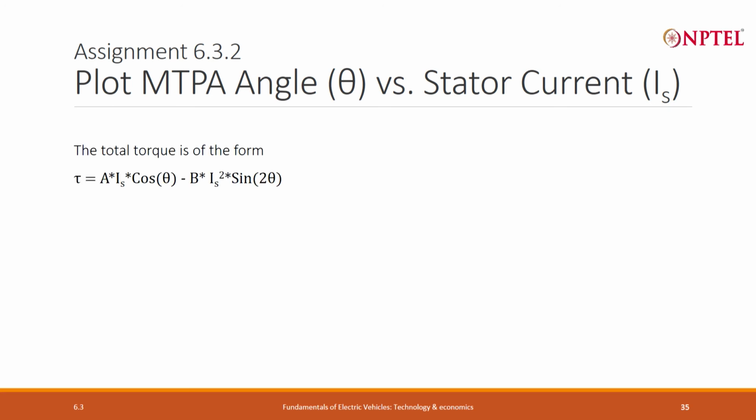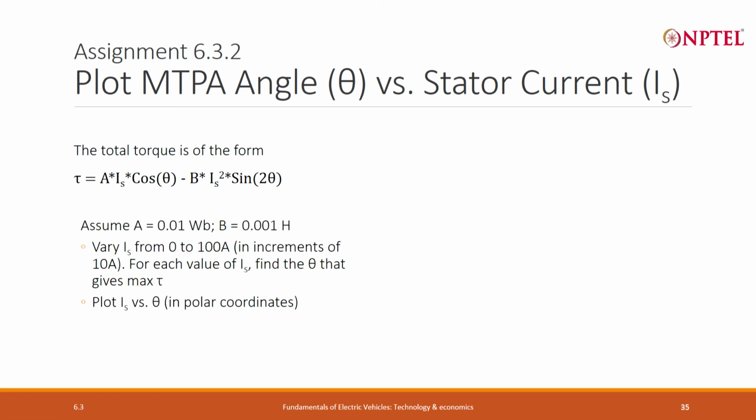We have seen that the total torque is magnetic torque plus reluctance torque. Magnetic torque is proportional to current into cos theta, and reluctance torque is proportional to square of the current into sin 2 theta. This is a generic way in which I can express the total torque. For a particular motor that we have in hand, let A be equal to 0.01 Weber.